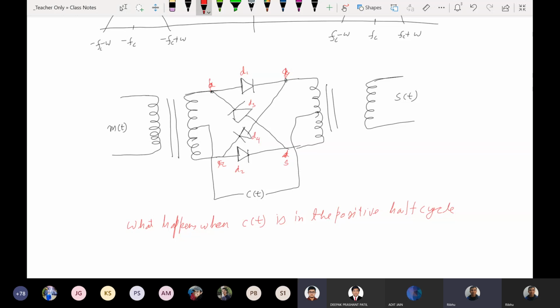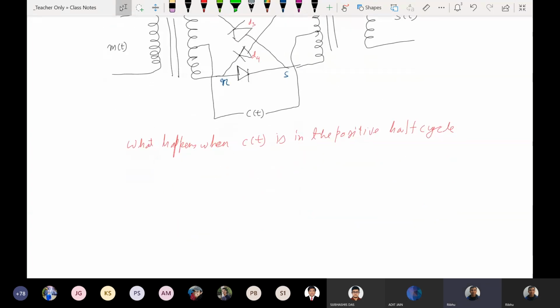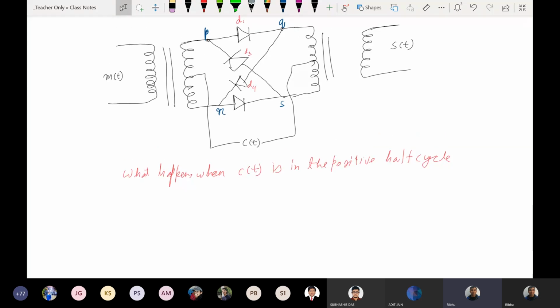Are you trying to create some full wave rectifier? No, I'm not trying to create a full wave rectifier. So just look at this. Let's call these points P, Q, R, and S, and tell me what happens when c(t) is in the positive half cycle. c(t) is still cos 2 pi fc t.